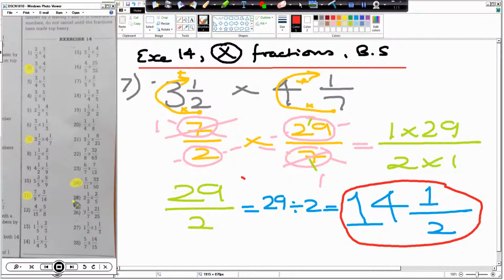Let's try some of these high cancelling ones, number 24, number 22. Let's do some more of the mixed fractions in them. Question number 21. That should be enough. Let's try those 6 questions quickly. I'm going to give you about 5 minutes to do those. Let's see how you get on with them, and then we'll come back.